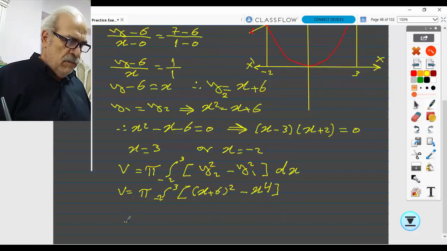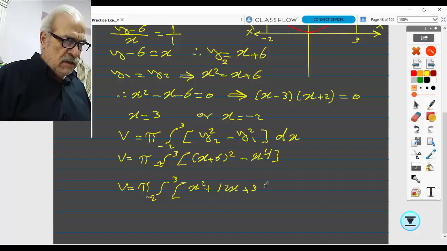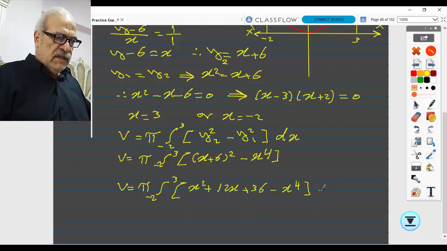So the volume V equals pi integration from -2 to 3 of (x plus 6) all square equals x square plus 12x plus 36 minus x power 4 dx.